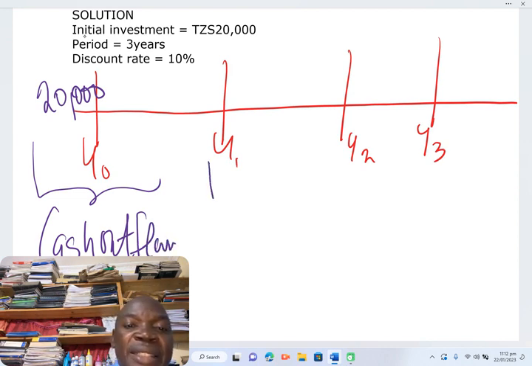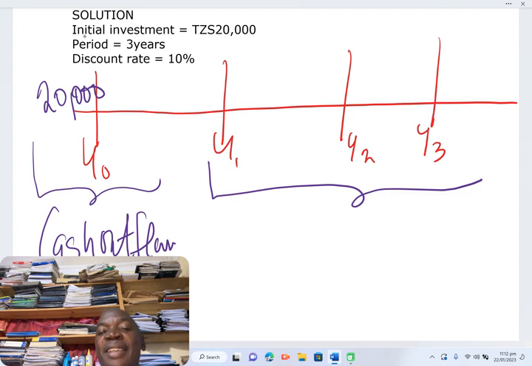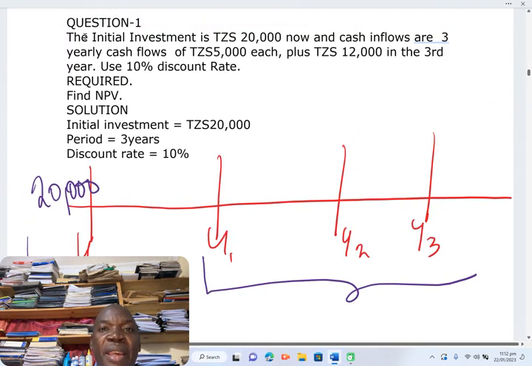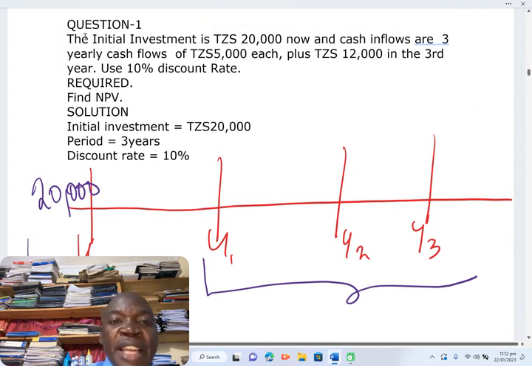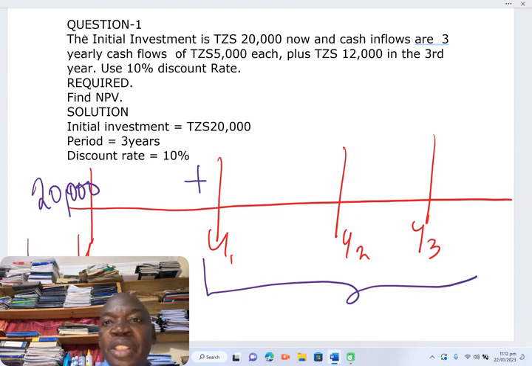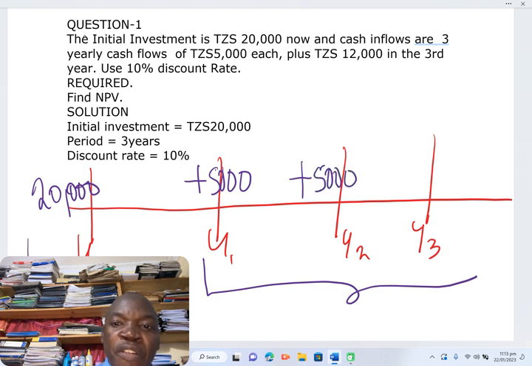But the following is now taken seriously. In year 1, there is an inflow of cash of 5,000 Tanzanian shillings. Again, in year 2, there is an inflow of 5,000 Tanzanian shillings.